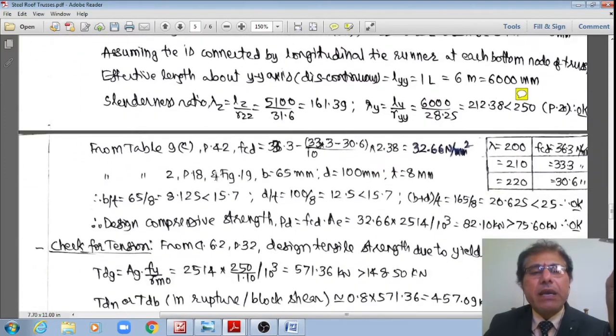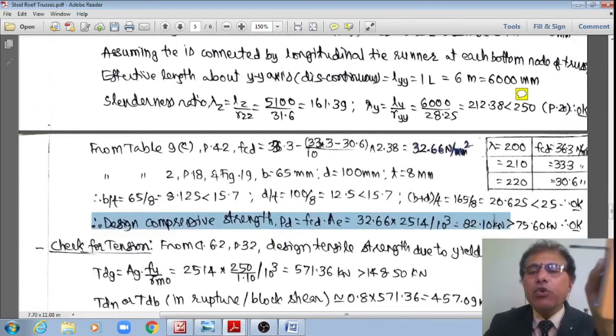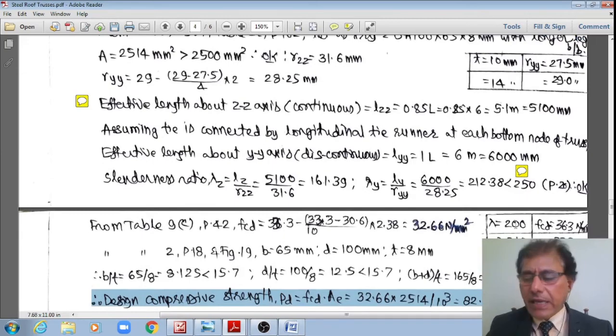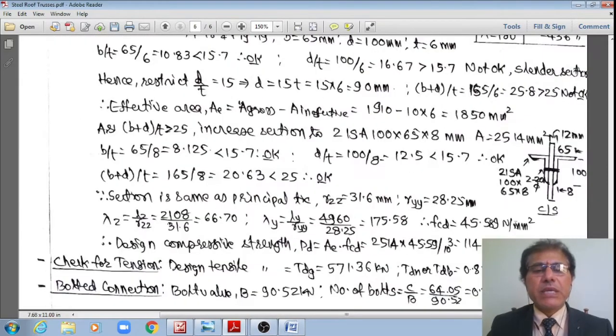This section can carry a design compressive strength of 82.1 kilonewton. That is the section carrying capacity, design compressive strength. Therefore, I am just recalling that.